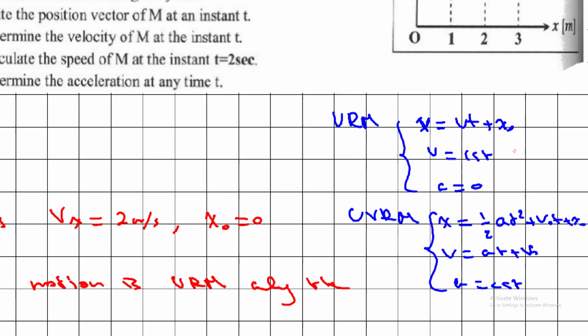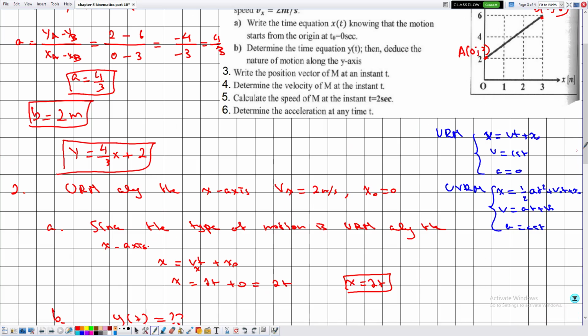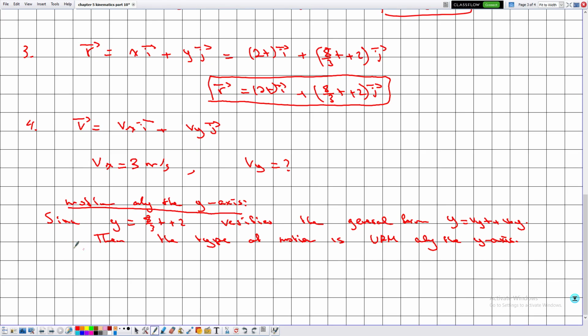Comparing it with this equation, it is URM. Then in this case we have that y is equal to vy t plus y0, vy is equal to a constant, and the acceleration ay is equal to 0.